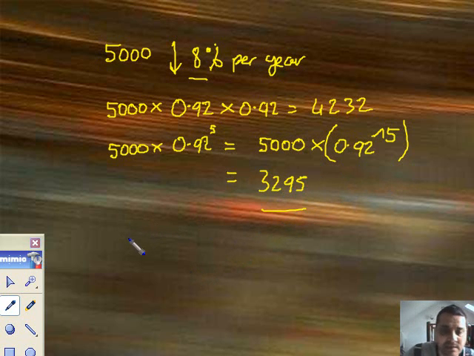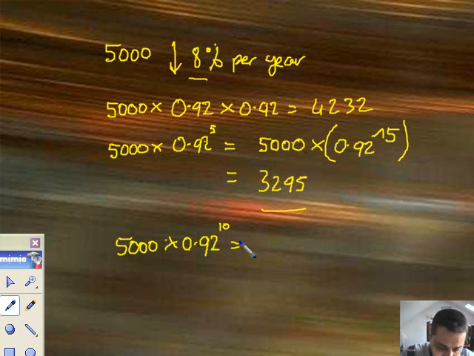Then it says 10 years. Same trick. Use the power button. Don't write this out 10 times. Multiply by 0.92 powered up to 10. Go straight to the answer. So 5,000 times 0.92 powered up to 10. This is a drop year on year.